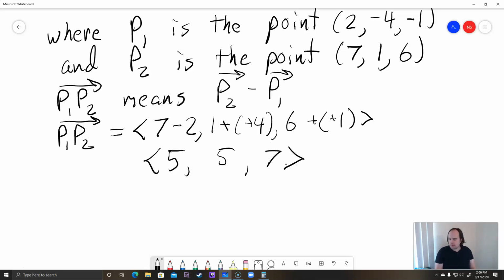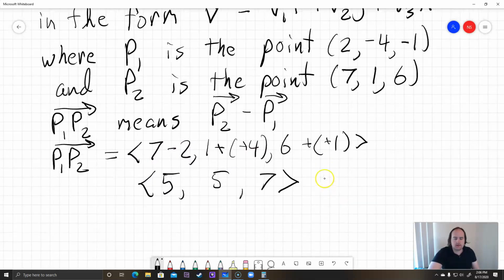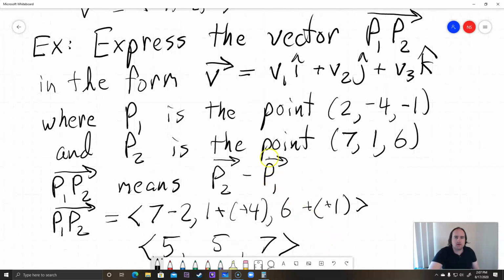And then where do we go with this? Well, remember in the original problem, they didn't just want the position vector. They actually wanted it in the form v1i plus v2j plus v3k.